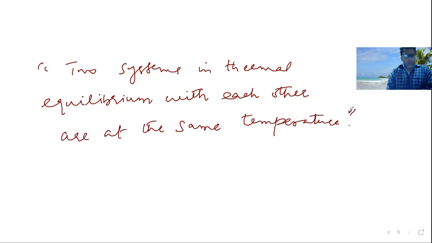You need to remember this. Two systems in thermal equilibrium with each other are at the same temperature. So if systems are not in thermal equilibrium with each other, their temperatures are different. If they are in thermal equilibrium with each other, then their temperature is same.